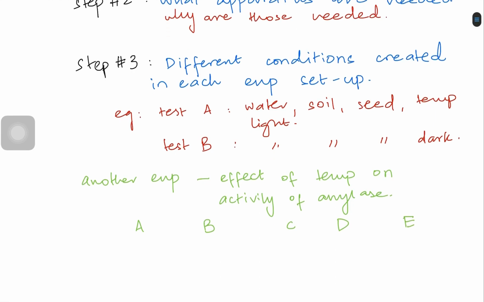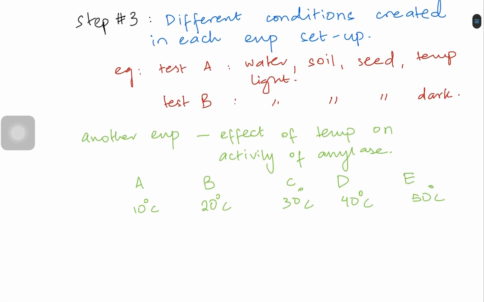You mention that everything has the same amount of water, same enzyme, same substrate, everything. But please mention that A will be at 10 degrees, B will be at 20, C is at 30, D is at 40, and E is at 50 degrees. You need to talk about how your various experimental setups are different from each other in step number 3.